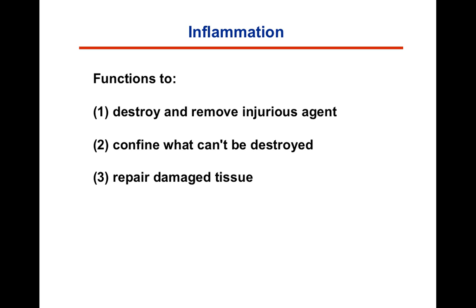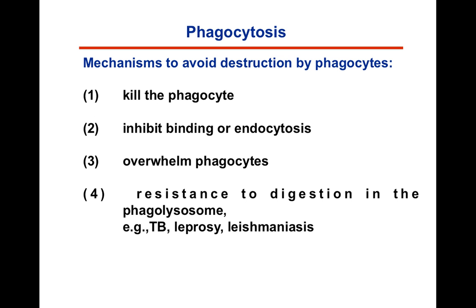Bacteria can evolve faster than humans, and so they are able to come up with ways of evading phagocytosis.